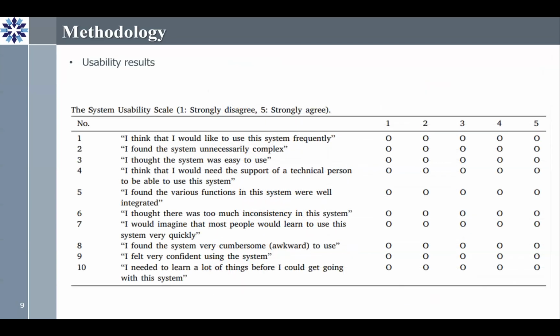For usability, the System Usability Scale, SUS, developed by John Brooke, was used. It is used to evaluate various products and services such as hardware, software, and websites in terms of usefulness. In this study, locomotion systems were assessed.